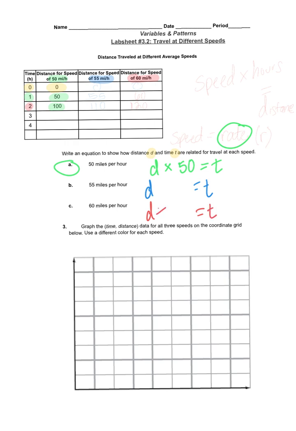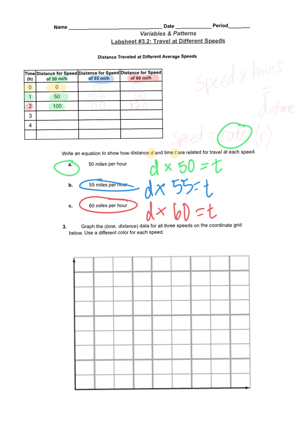Okay, and we're going to be multiplying for both of these. The only thing that should change is that number, and that's because our rate changed, okay? And that's here. So we're going to put 55 in here, and we're going to put 60, consistent colors, 60 in here, okay?